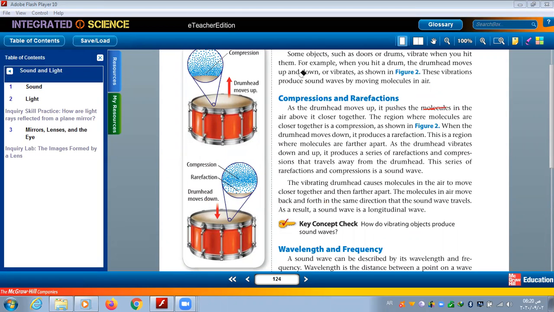Who can remind us what is compressions and what is rarefactions, if you remember? And you can find it in front of you in this small paragraph. Raise your hands. What does it mean? Compressions and rarefactions.